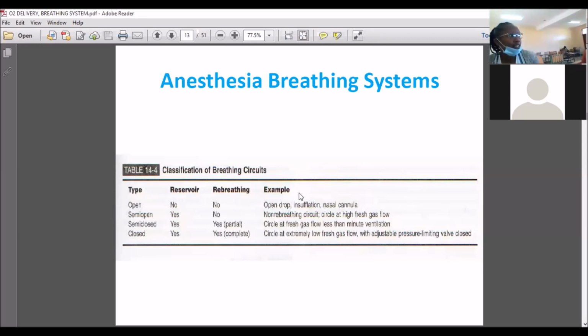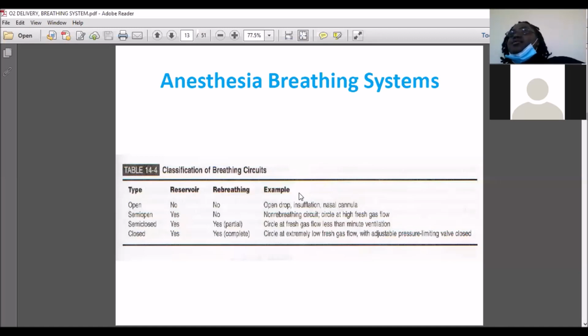So you're only breathing in the oxygen you have. Once you run out of oxygen, that is the oxygen you have. It is a closed system. You're going to be breathing that specific oxygen, and that is it.